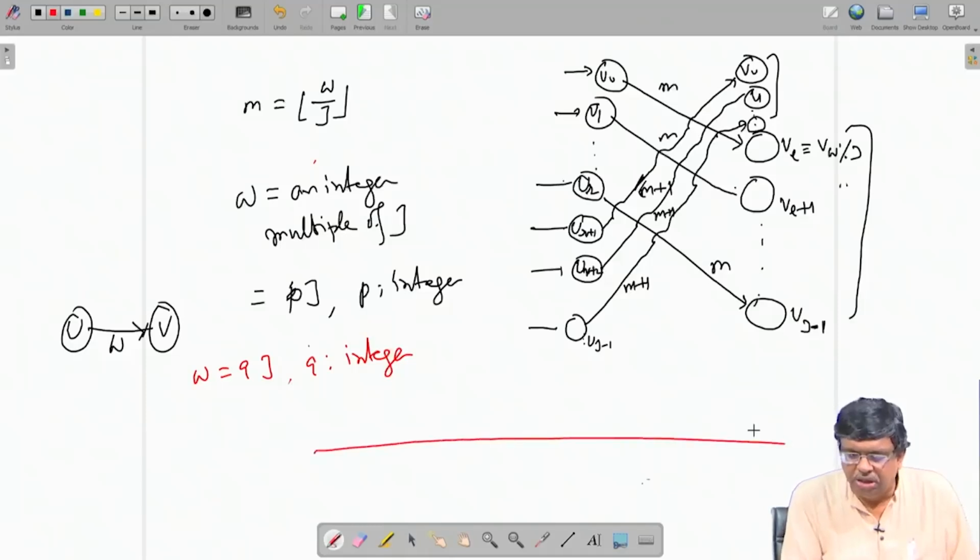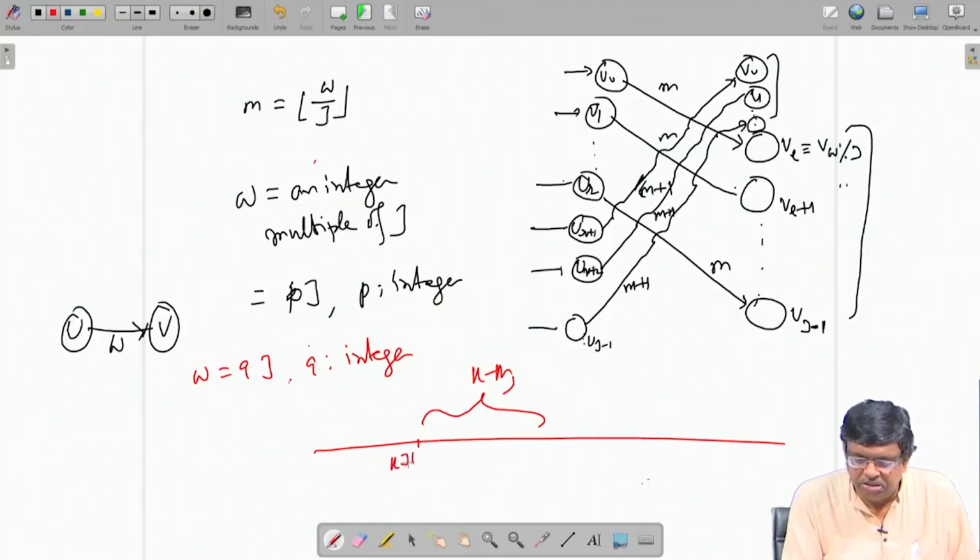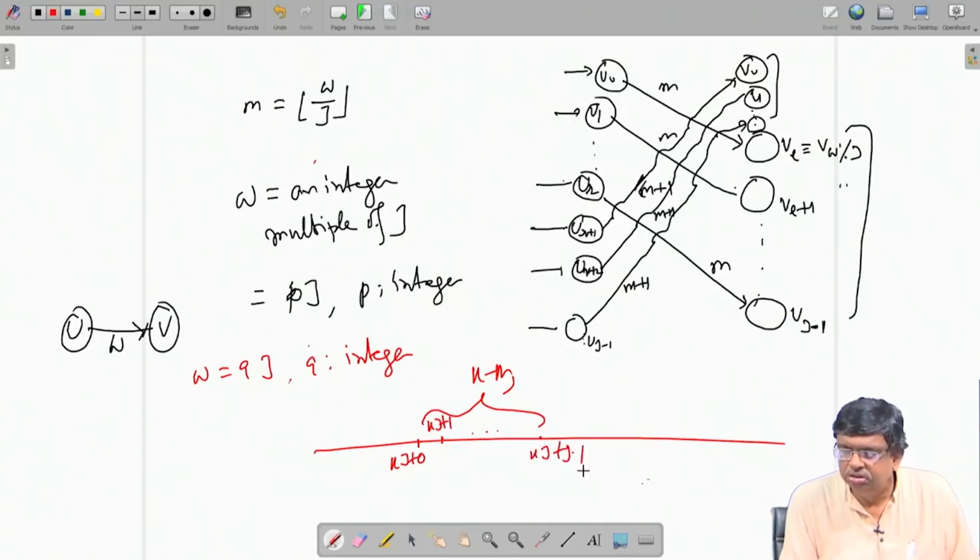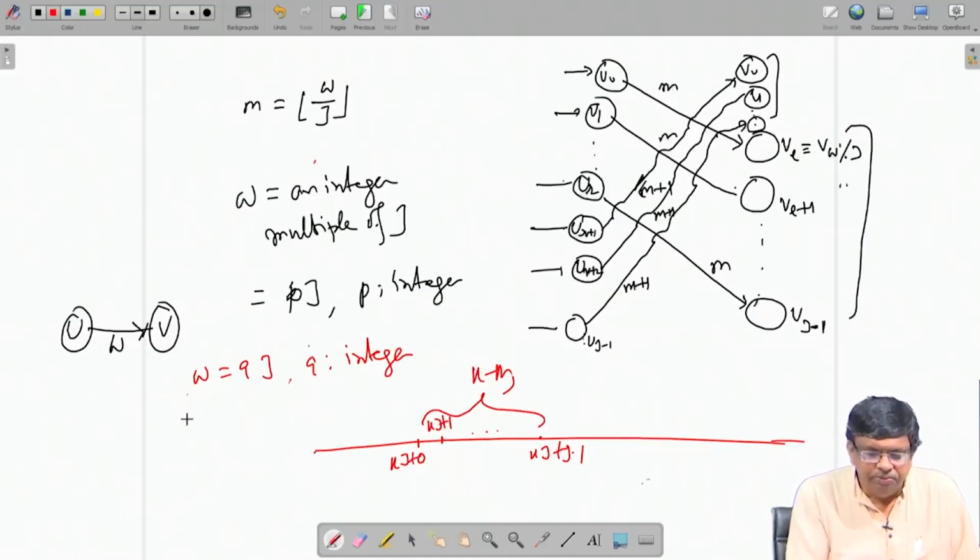If you start with the timing diagram, suppose you take the kth system clock, that means this will be kj plus 0, kj plus 1, and so on, up to kj plus j minus 1. Okay. Now, W by j, the quotient is q.